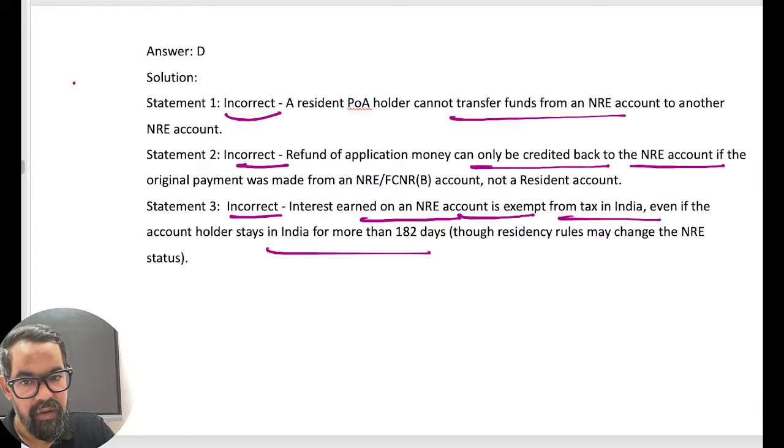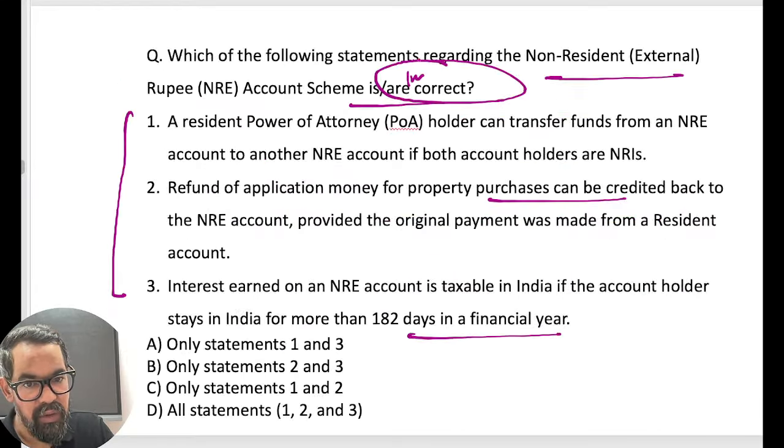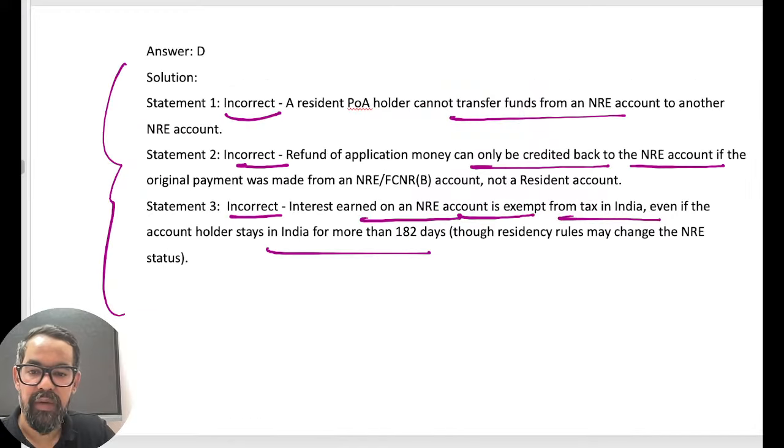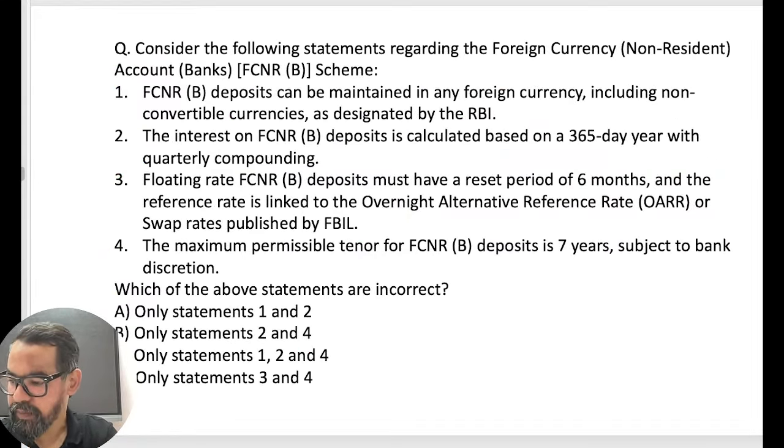And the third one, the statement, actually the question was around the incorrect statement, not the correct one. ओके, अंडरस्टूड, ठीक है. आगे बढ़ते हैं. Next one.